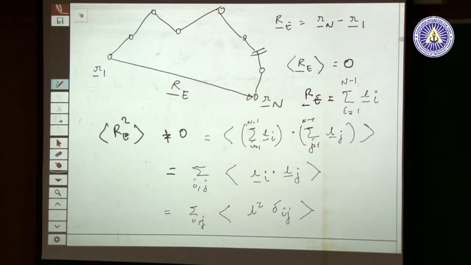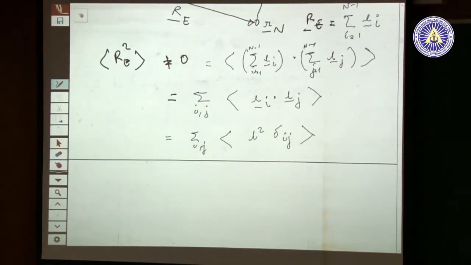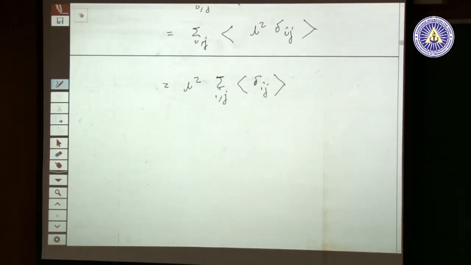And so I could write this, removing the L squared, as the sum over ij of the average of delta ij. And so what I am doing is summing over all i and all j, and you remember delta ij is the identity matrix, right. And so when i is not equal to j, they are all zeros. So the only ones that will contribute to the sum are the ones along the diagonal.